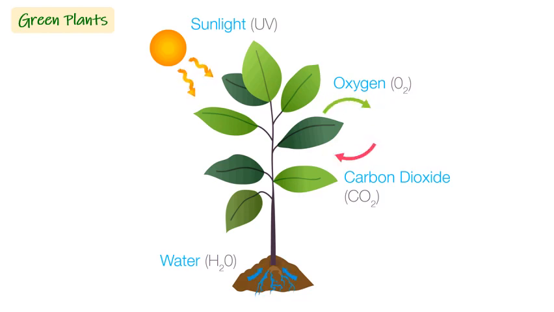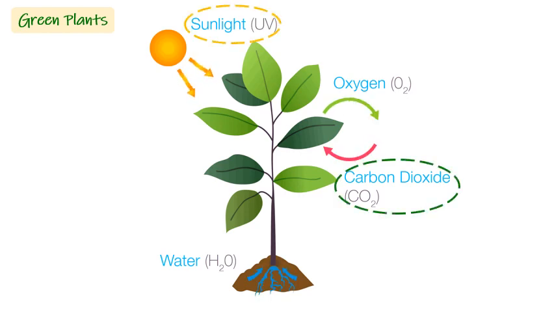Do they have a mouth to eat a piece of pizza, for example? No, they don't. What do they do then? Green plants use the sunlight energy. They take carbon dioxide from the air. They take water from the soil to cook and to make their own food.